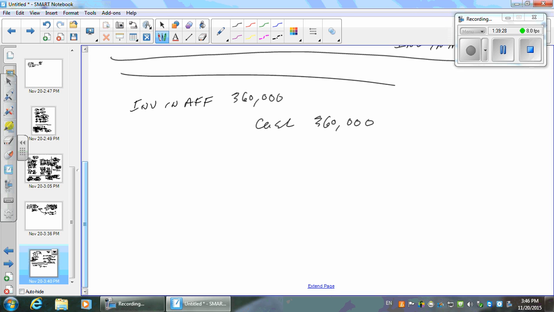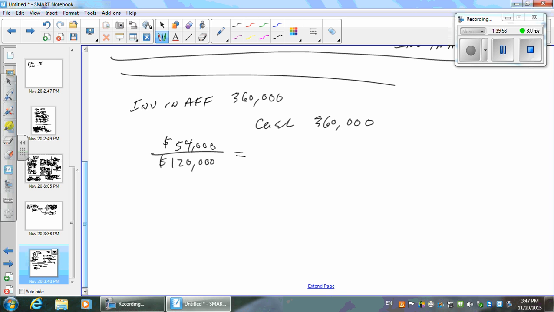But then they said they debited investment in affiliate, credit income from affiliate. What are they doing there? They're recording their share of the income. So how much was the income of the affiliate? 120. 120,000 is the income. And how much was your share? 54,000. I can figure out what portion I recorded as income, right? You guys with me?